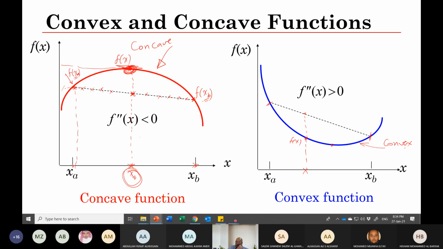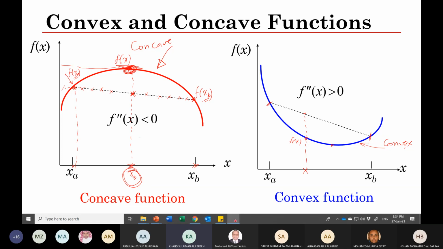Is it clear now or not clear yet? For me, it's clear. Doctor, we have to take a point on the straight line between XA and XB, right? I didn't hear you well. I'm saying the other point should lie on the straight line.